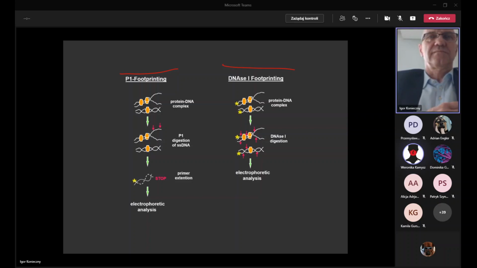Well, the replication origin is something bigger, and the DNA unwinding element is a part of the replication origin.